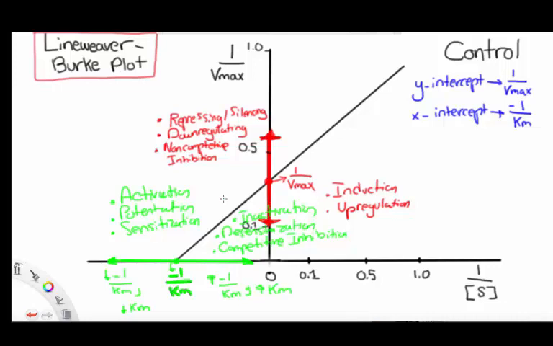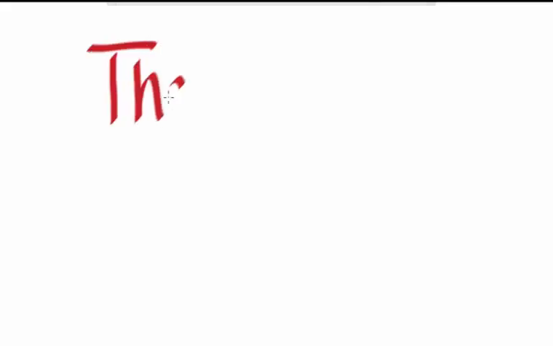What does induction do? What does activation do? What does competitive and non-competitive inhibition do? Because they can bring you a multitude of different questions and just give you these two graphs. So if you understand the concept, you're ready to answer any of the questions in regards to enzyme kinetics. Thank you.